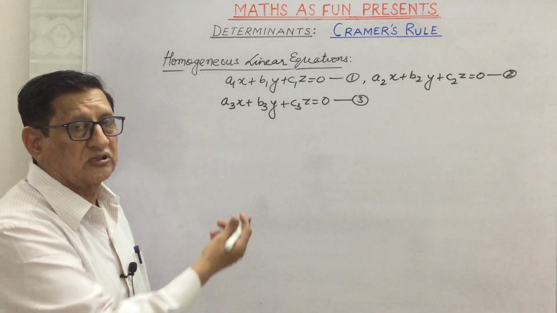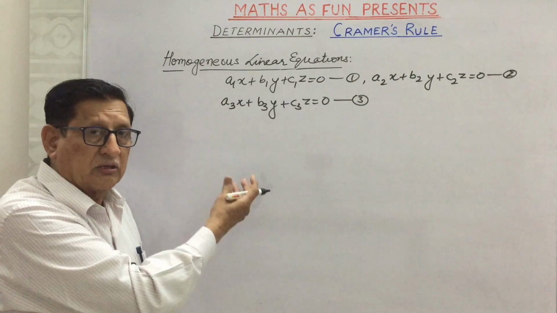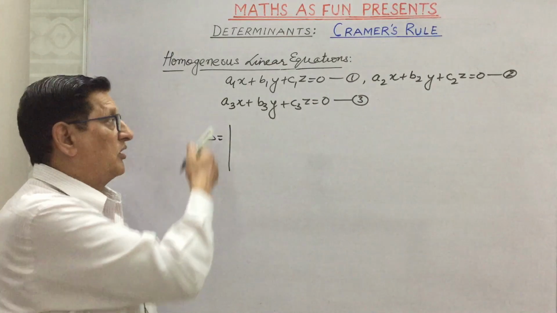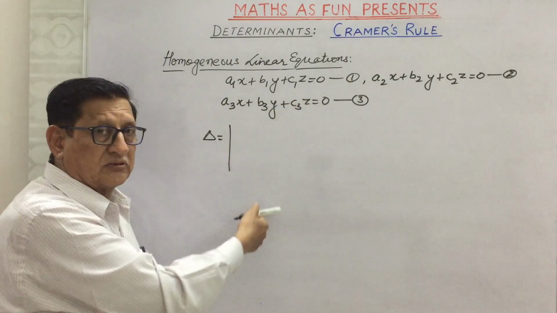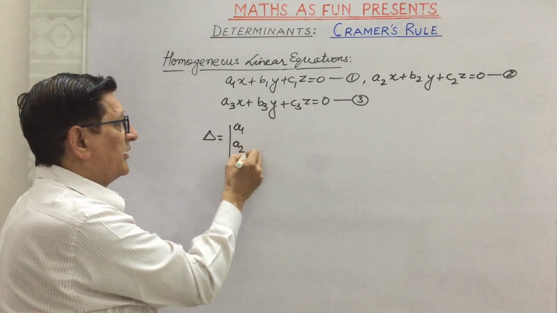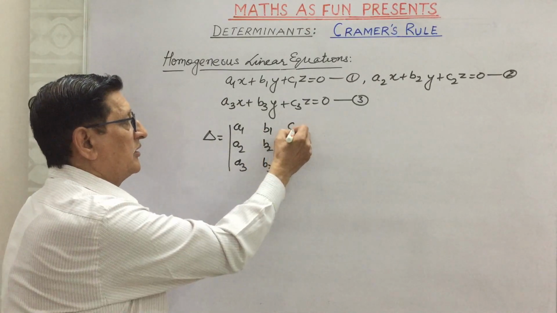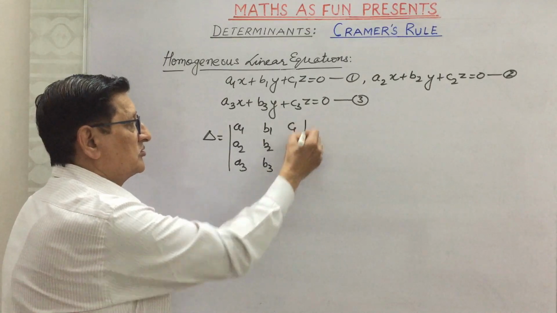To find out the solution of such problems by using Cramer's rule, we have to find delta first. The coefficients of x, y and z in the columns. This is a1, a2, a3, b1, b2, b3 and c1, c2, c3.